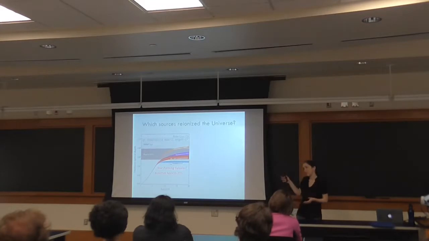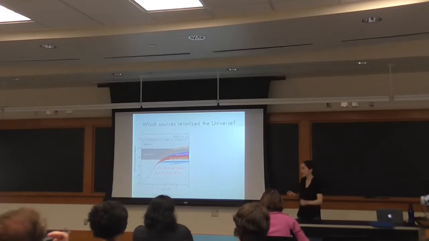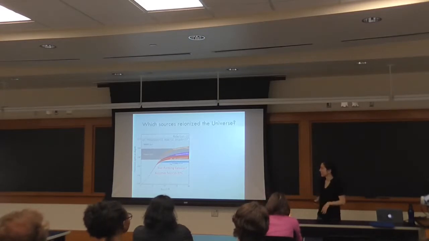But you have to make some assumptions about escape fraction for this to be plausible. Namely, you have to assume that on average, each galaxy has an escape fraction of between 10 to 20%. You can fiddle with that a little bit if you boost the ionizing photon production, maybe get it down to 5%, but those are the numbers to keep in mind.